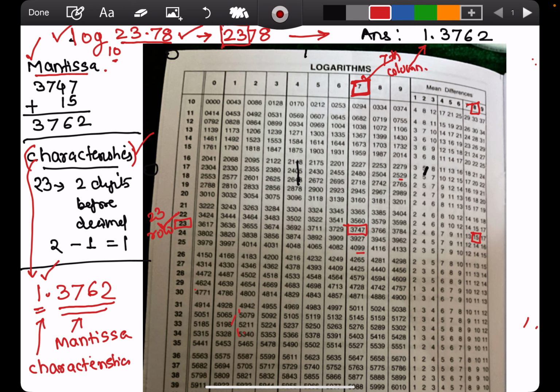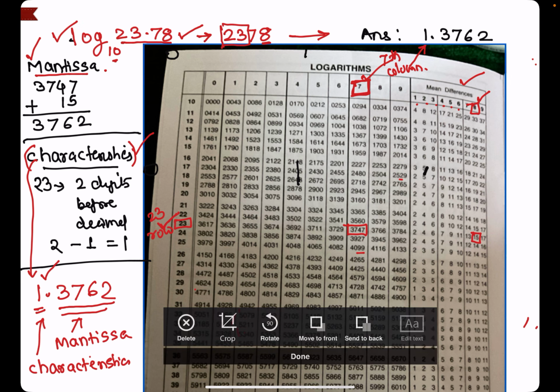Now there is a last digit, which is 8. So I go to the mean differences. You find that in the log table there are mean differences 1, 2, 3, 4, 5, 6, 7, 8, 9. So the digit is 8, and I take the eighth column.